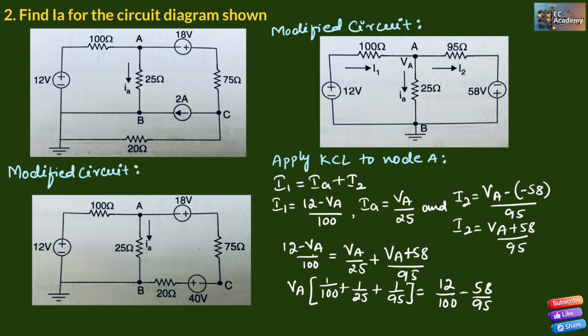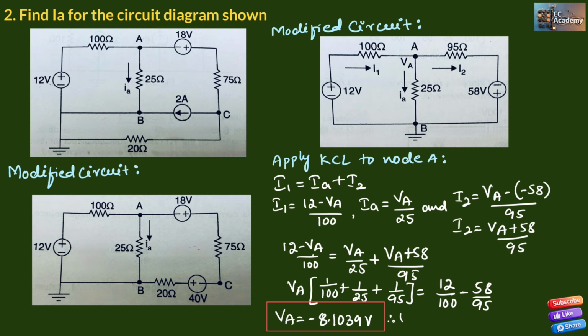If we divide this term with this value, we'll get VA is equal to minus 8.1039 volts. Now, once we know VA, we can find the value of IA by taking IA is equal to VA divided by 25.